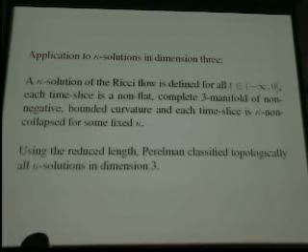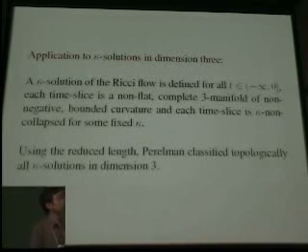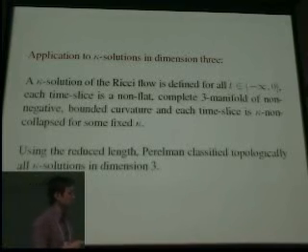Now it's called an ancient solution, because you can go all the way back in time to minus infinity. I said the Ricci flow is a parabolic equation. It's easy to evolve forward, but evolving backward is unusual. So this is a very special type of equation.